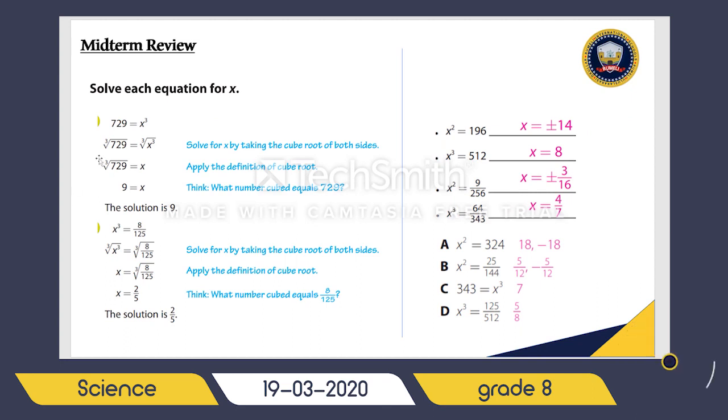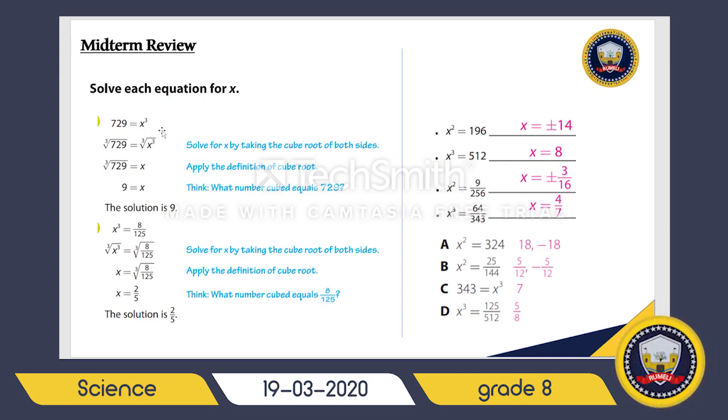Alright, now let's solve a few questions regarding the square root and the cube root. Okay, I have this equation here, x cubed equals 729. I want to solve this equation for x. What I'm going to do is take the cube root for both sides.